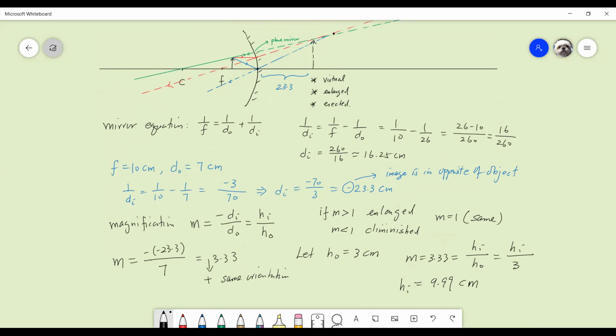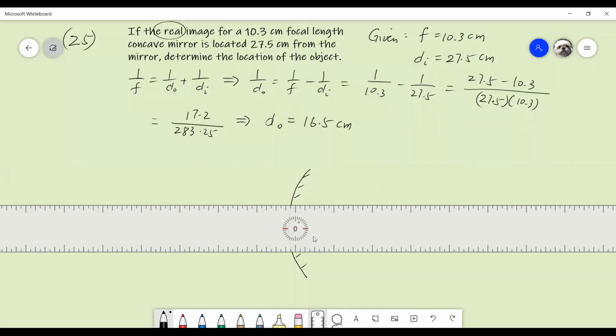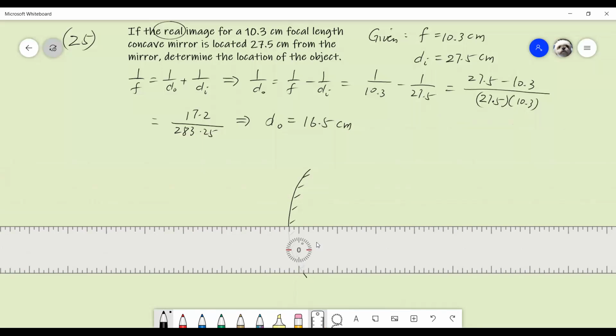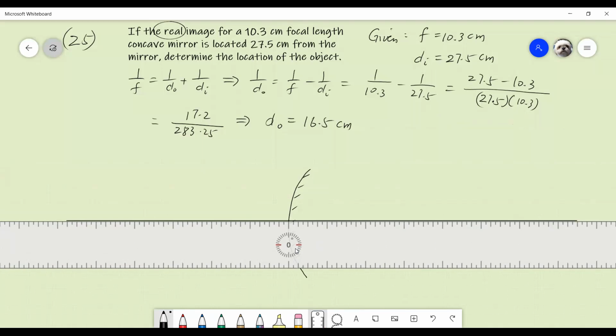Now what I'm going to do is draw the principal axis here. Then I'm going to define my focal point. Let's do it precisely. 1, 2, 3, 4, 5, 6.